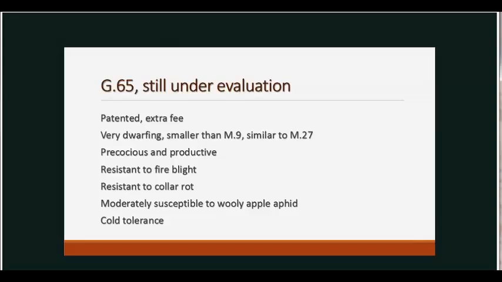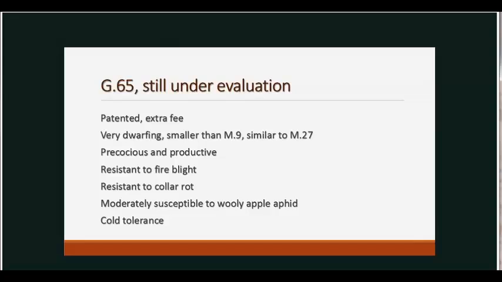Again, very dwarfing. It's probably in between an M9 and the M27 that I just talked about. Very precocious and productive. It's resistant to fire blight, unlike the M9, and resistant to collar rot. For those of you who are on wet, heavy soils or soils that tend to hold on to water, this would be a good selection if you want a small tree.